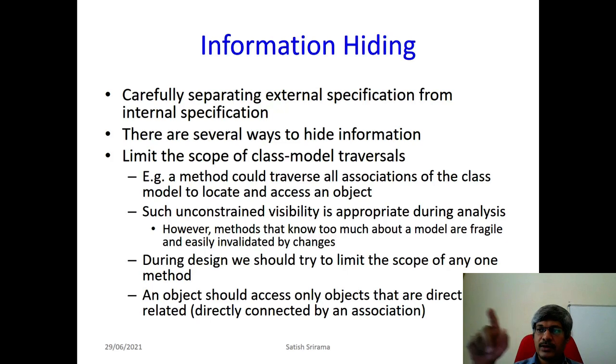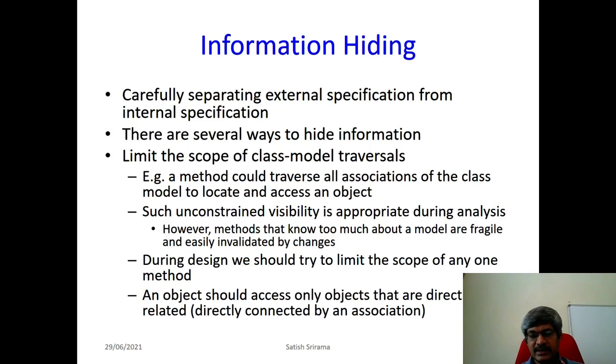So if you make any changes in the model, this operation has to completely change. So this model itself is fragile. If there are any changes in the model, this method is invalid. This is a problem.